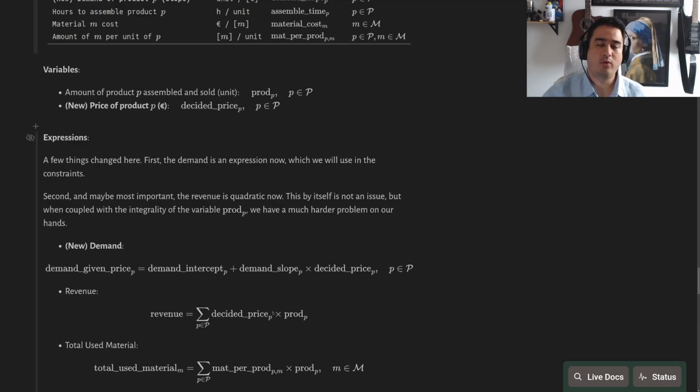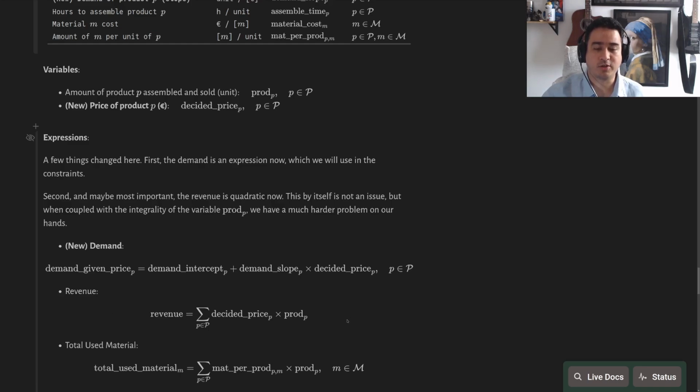When you have only integer variables, having a nonlinear function makes your problem sufficiently harder. So our initial solver, the solver that we used before, does not handle quadratic objective functions. There are other solvers that handle that, and depending on whether you're buying a solver or not, you don't have to worry about that at all. But for us, we are only using open source solvers.